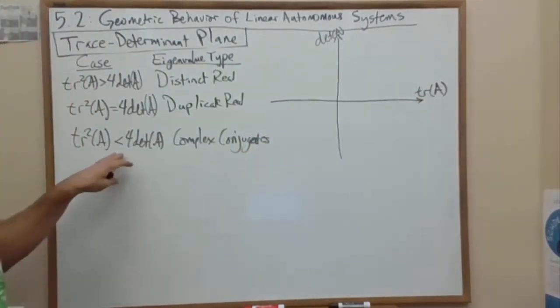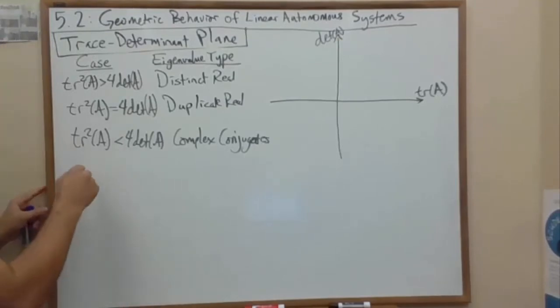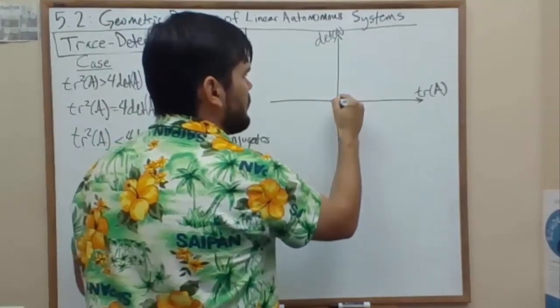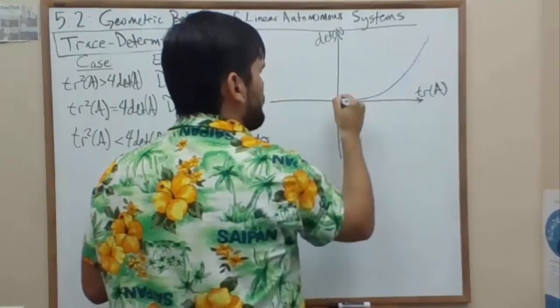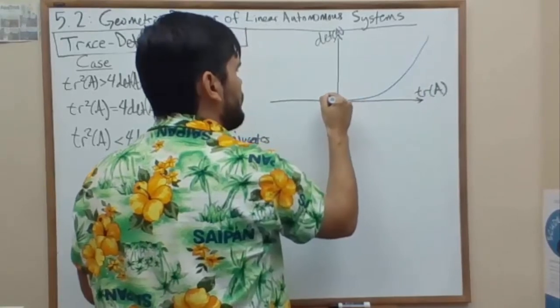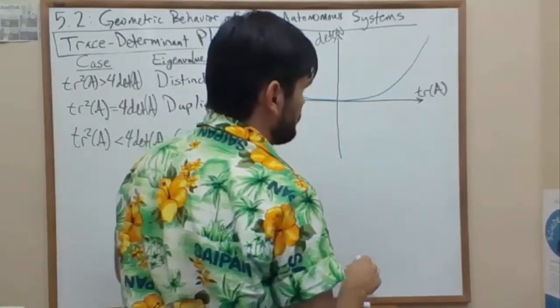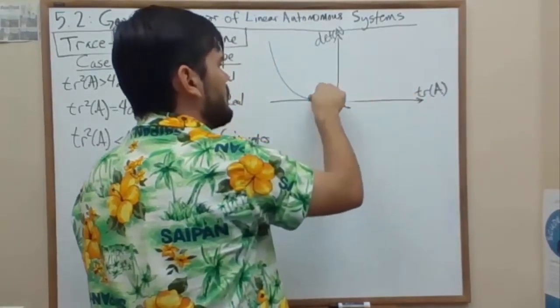Now let's look at where this curve comes into play. Let's make it a little less wide so we can see more of the pieces.